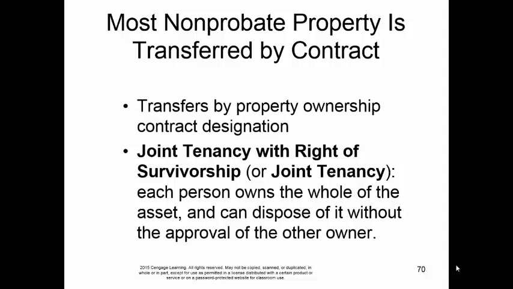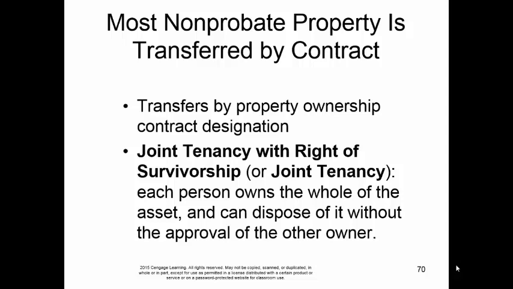So this allows the asset to pass to the surviving spouse or surviving child or something, or whatever the beneficiary doesn't necessarily even have to be a relative.